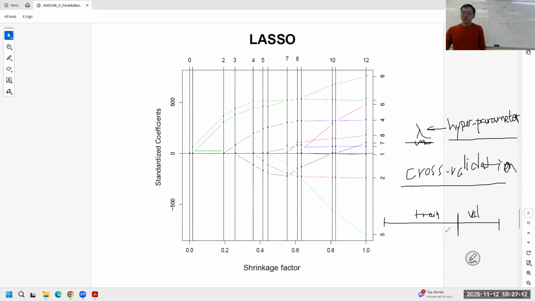Then you choose different lambdas, like a so-called grid search, and apply each to the training data.